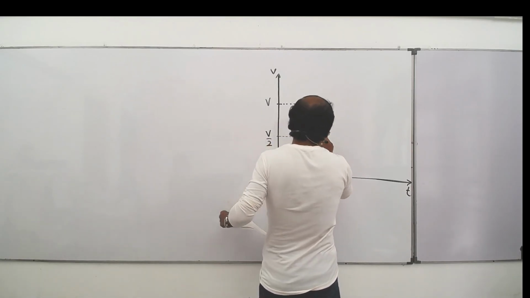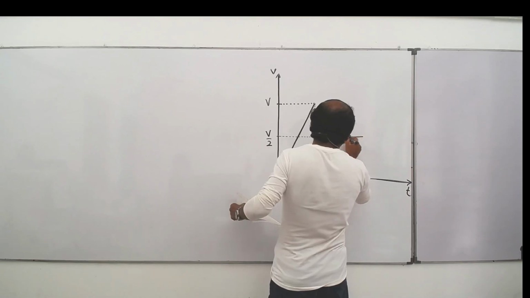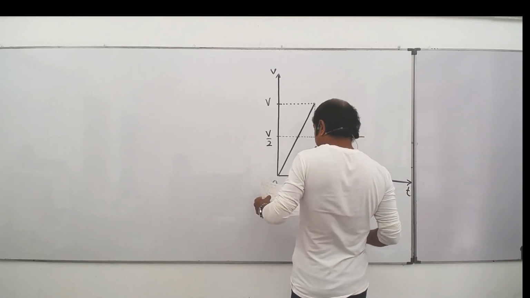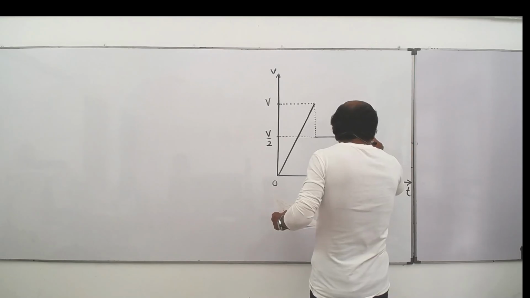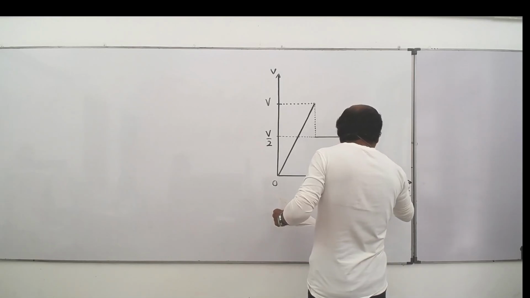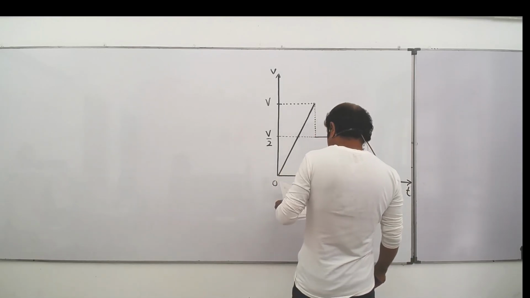Then it moves with constant velocity v by 2, this way. And then the retardation. Retardation is given as 2a.